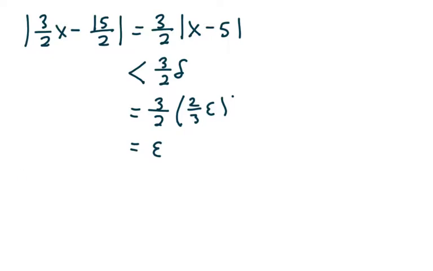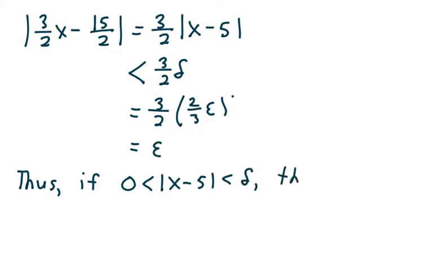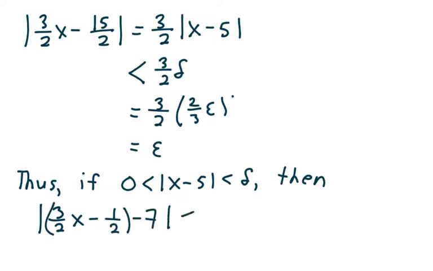So thus, if 0 is less than the absolute value of x minus 5, which is less than delta, excuse me, that should say delta, then the absolute value of 3 halves x minus a half minus 7 is less than epsilon.